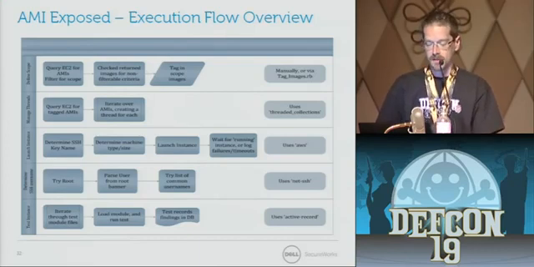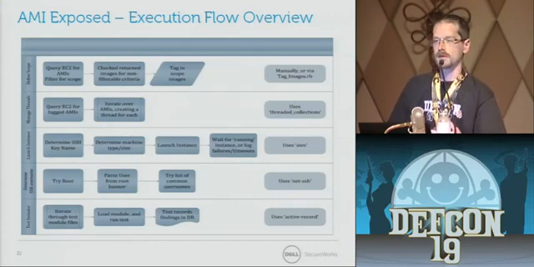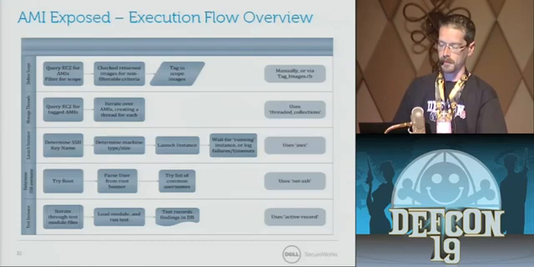So once we launch the instance, we have to figure out what account we're going to use. That's down there on determining SSH username. We try to log in as root. If that fails, we try to parse any response that comes back. A lot of times you log in as root and you get a response that says, please use ABC instead of root, so we try to parse that from the banner.